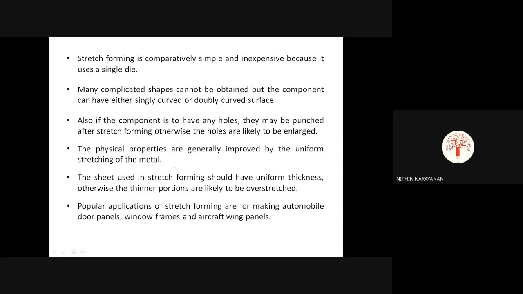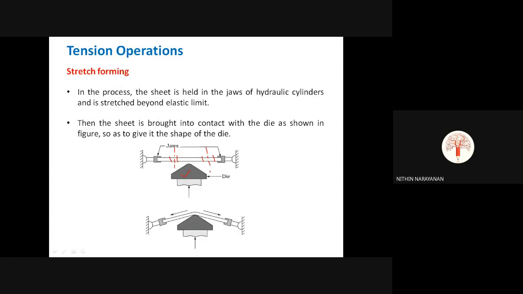The physical properties are generally improved by the uniform stretching of the material. The sheet used in such forming should have uniform thickness, otherwise thinner portions are likely to be overstretched. So only workpieces having uniform cross sections throughout will be used for stretch forming.